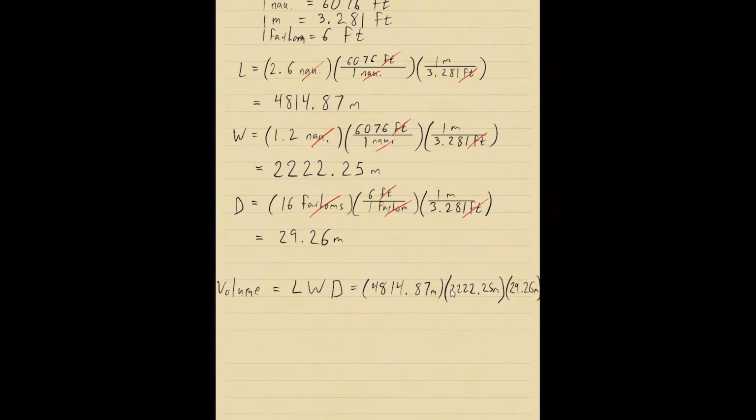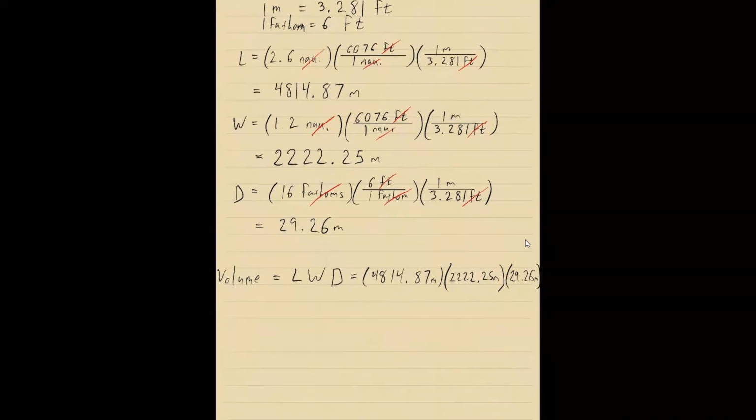Apologize for sort of squishing it over in the corner here. So when you multiply all these together, you get, unsurprisingly, a very big number. So the volume in cubic meters is equal to, oh man, what even is that? 313 billion, 77 million, and 461 cubic meters.